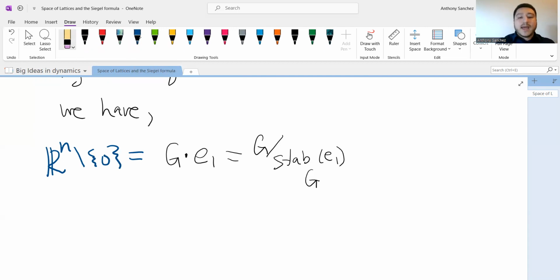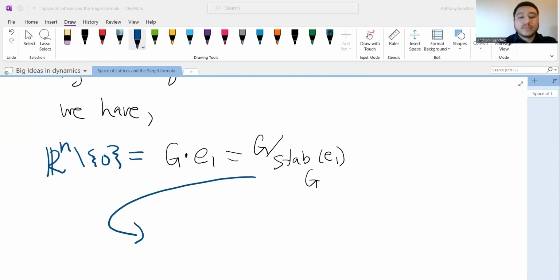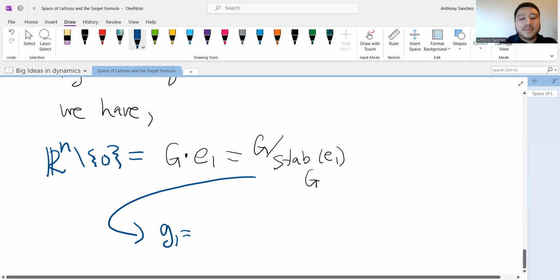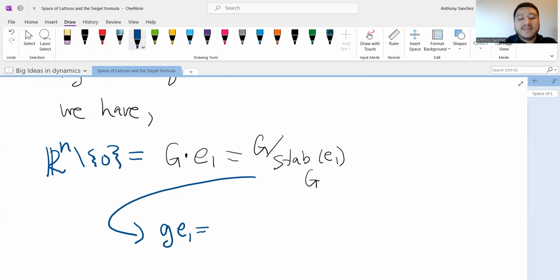All right. And now let's think about this stabilizer a little bit. The stabilizer is literally asking me, what matrices g do I have such that g of E1 is equal to E1? Well, this is only going to restrict what I look like in the first coordinate. In the first coordinate, I have to be E1.